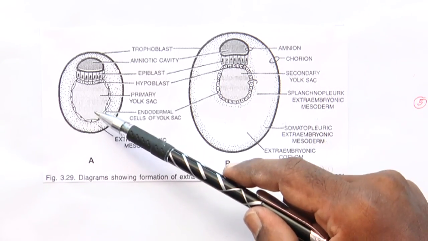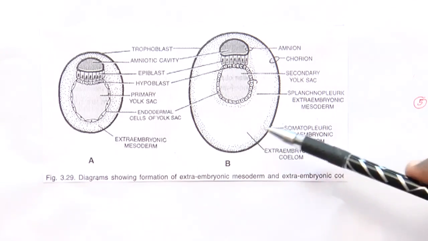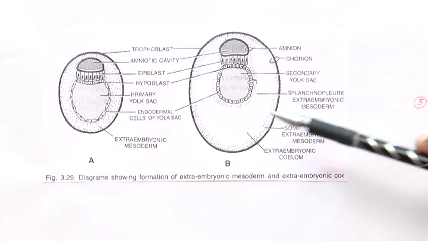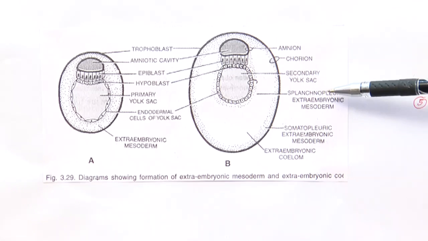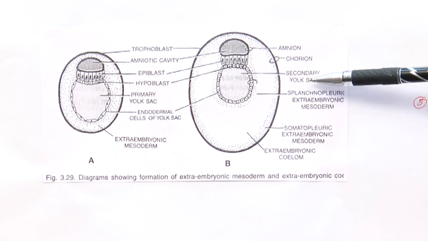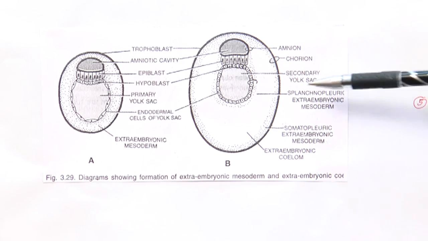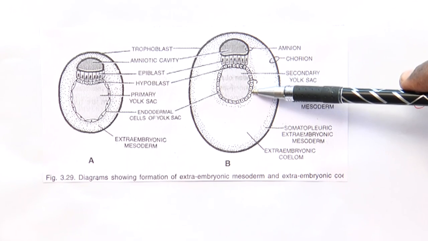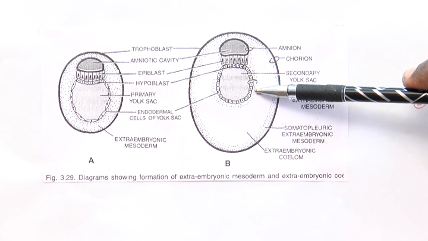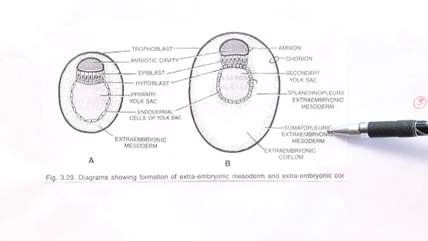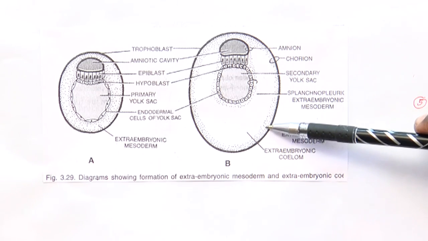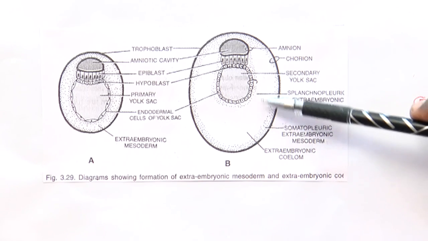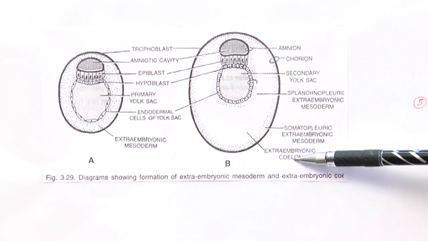And later this extra embryonic mesoderm gets differentiated into an inner splanchnopleuric extraembryonic mesoderm, this part, which is immediately next to the yolk sac, and an outer somatopleuric extraembryonic membrane, this part, and between these two is the extraembryonic coelom.